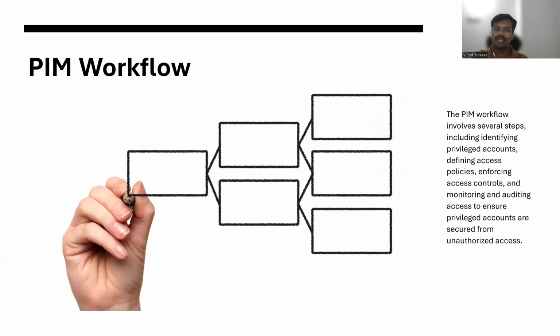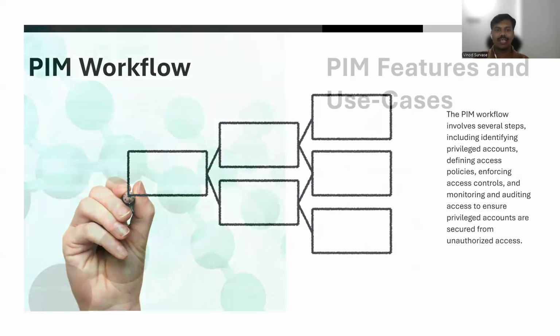So this way we can make sure that the respective administrative account has the permissions that it needs, but for a specific period of time, right? And this way we can limit the access levels as well as limit oversharing or over-permissioning, right? So yeah, this is the workflow. Let's move to the next.